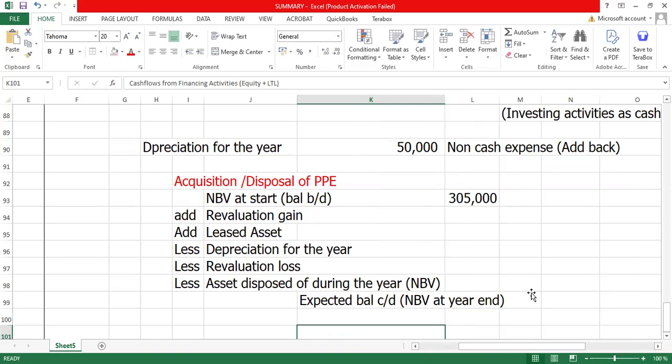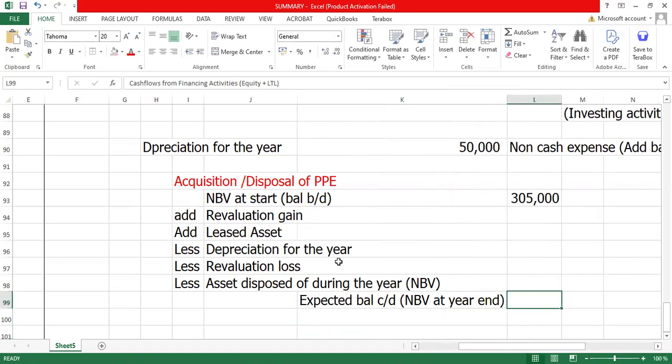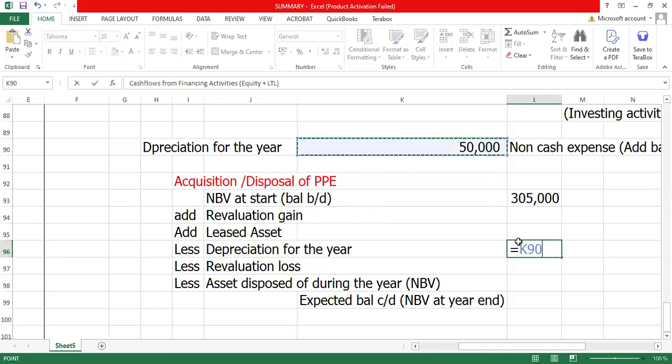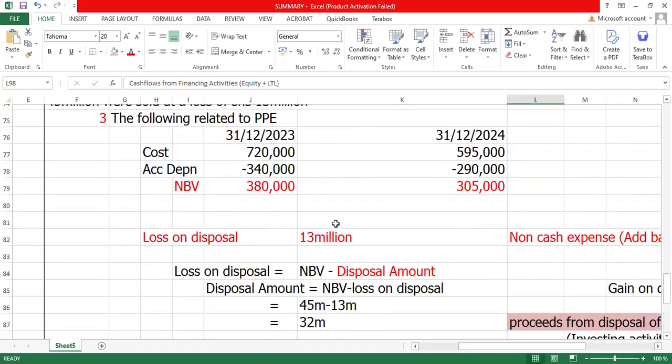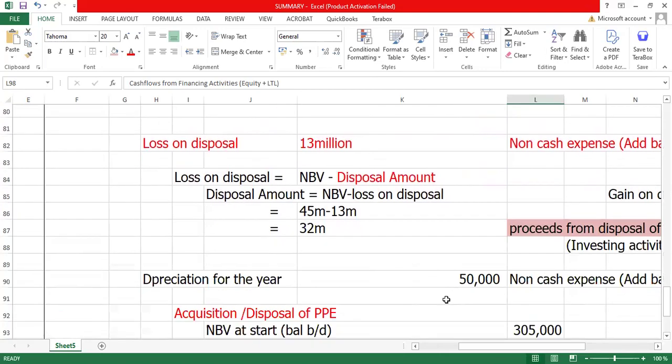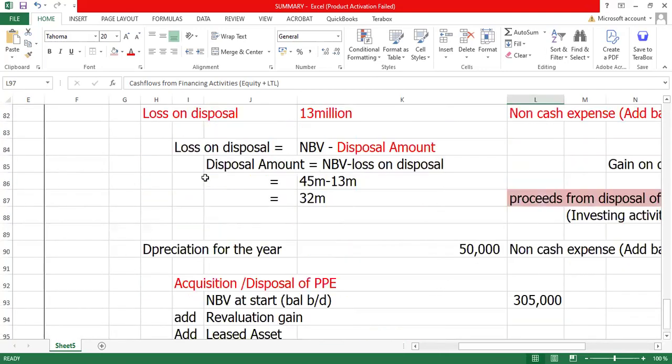Okay. Please master this. The flow matters a lot. So you don't have revaluation in this question, and you don't have the leased asset, but you have depreciation for the year, which is 50. You put it here. Then do you have revaluation loss? No. Do you have the asset that was disposed of during the year? Yes. And what was its net book value? Was 45.